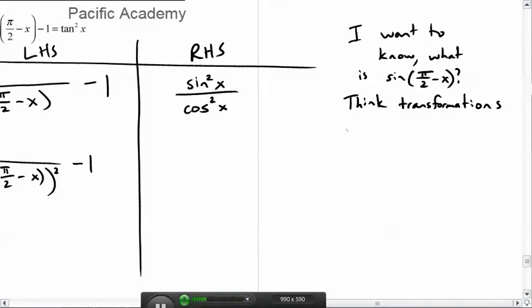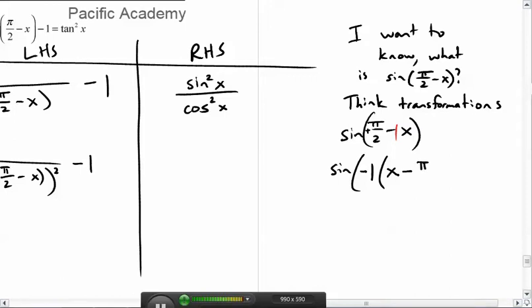So sine of pi over 2 minus x. This has problems because, first of all, the x has a negative 1 in front of it. So first thing I'm going to do is factor out that negative 1. So let me take out a negative 1 and switch the order here. So when I take negative x and divide by negative 1, I have positive x. When I take positive pi over 2 and divide by negative 1, I'm left with negative pi over 2.